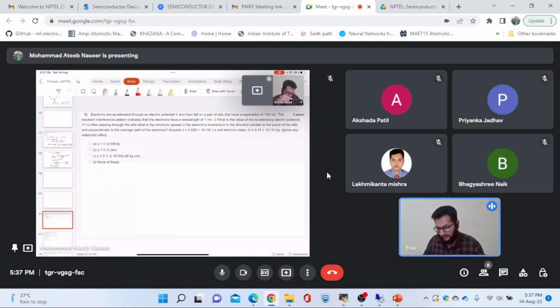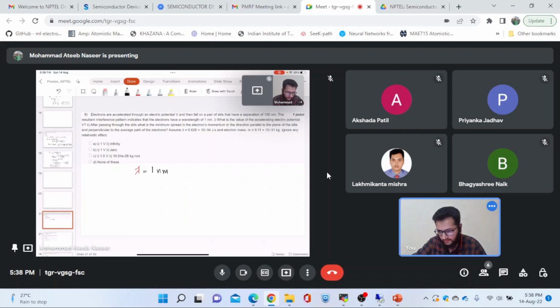Now if I solve this, I will see what I have been given. I have been given lambda equal to 1 nanometer, and I know the relation between lambda and the energy, so I will use that.